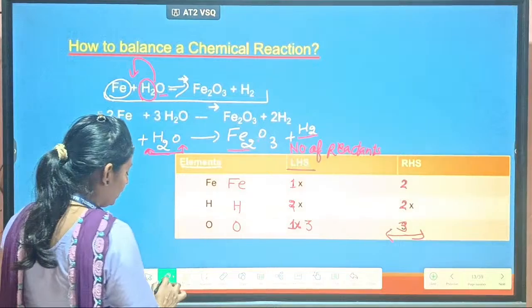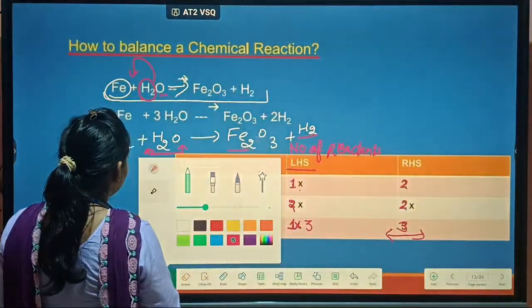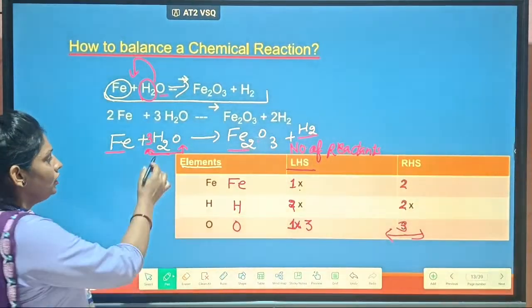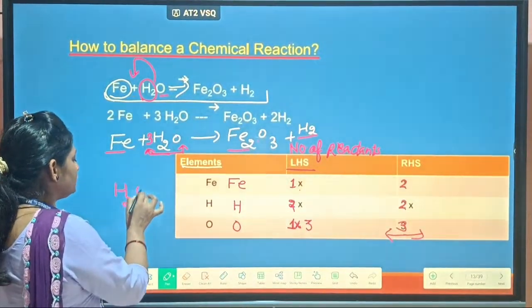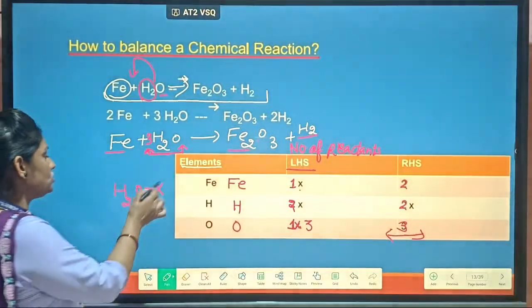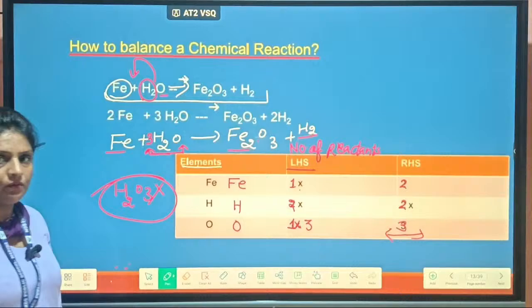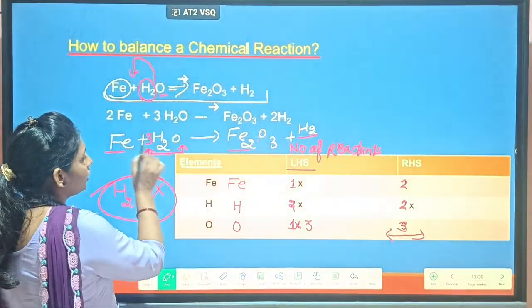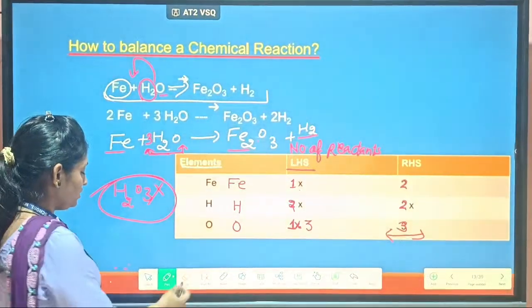So you can multiply this by 3. You will not write it in this way, students, you cannot write it in this way, because here you are changing the complete formula. The property is also changed. So you will multiply the complete formula by this.